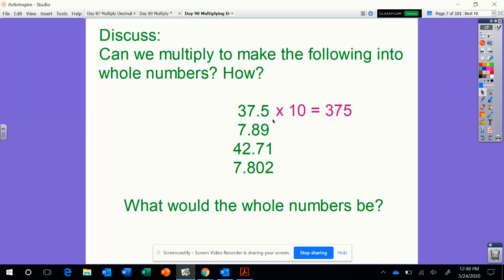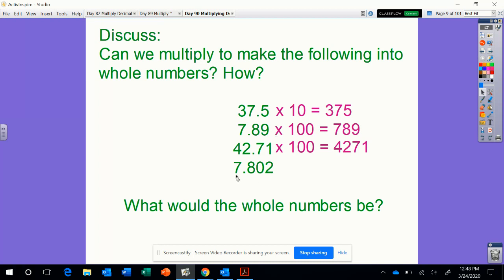If we wanted to get rid of this decimal, multiplying by 10 would get 375. So based on that knowledge, what do you think we're going to do to 7 and 89/100ths? You're amazing. Multiply by 100. What about 42 and 71/100ths? Again, multiply by 100 to get rid of that decimal.